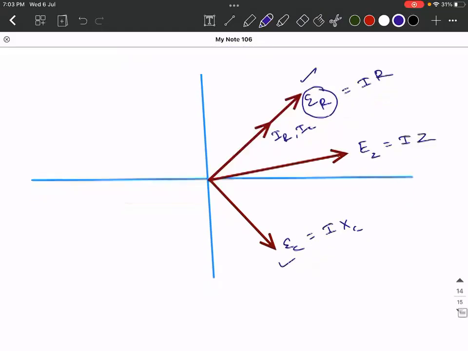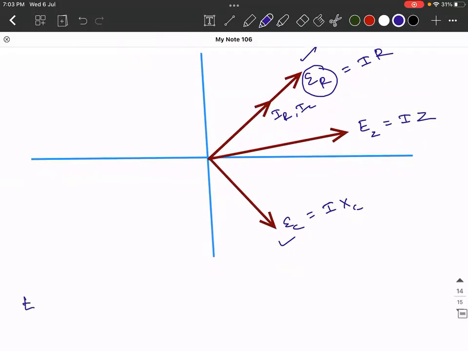Now, what can I write? Actually, it is E effective, the RMS value. So E effective will be equal to root of ER square plus EC square.